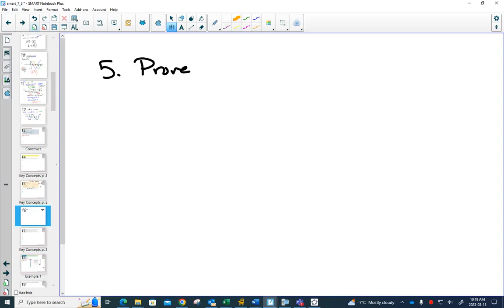So question number 5 says prove that cos of t secant of t equals 1. So there are some rules for proofs. And we do certain things to make sure that we follow the rules.